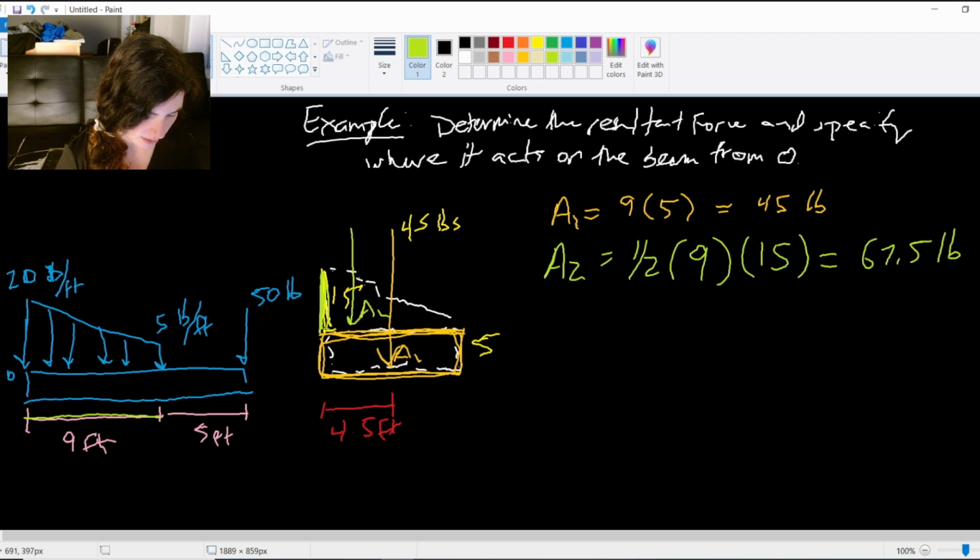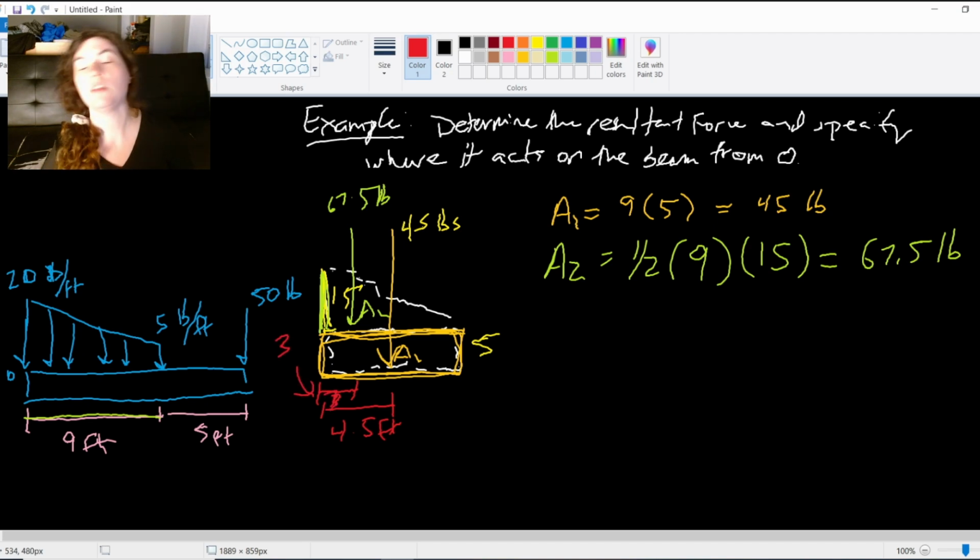Right? And we said that was acting 1/3 of the way. So this force, 1/3 of 9, is 3. It's acting 3 feet inwards.